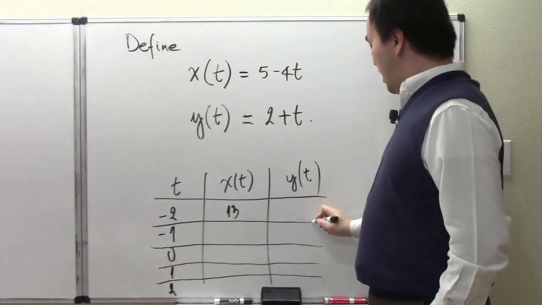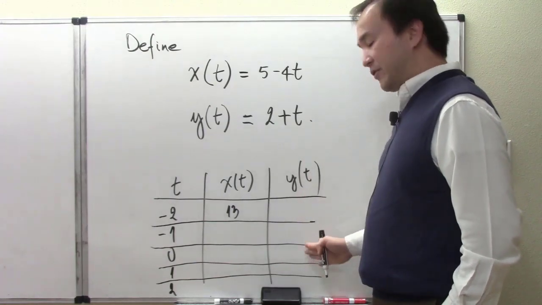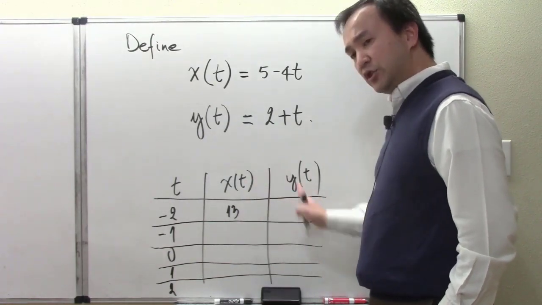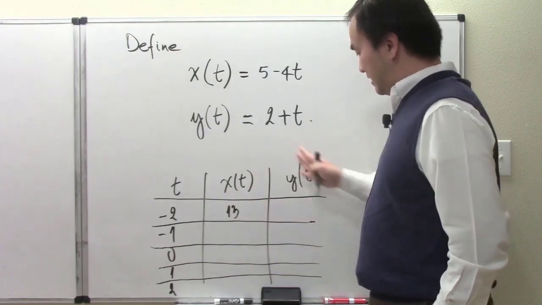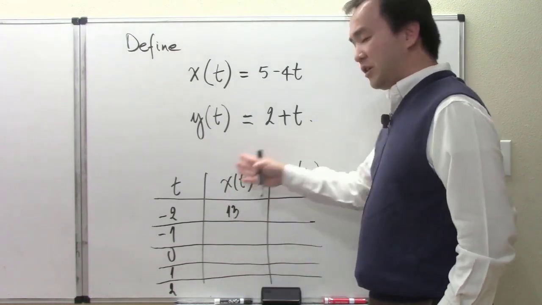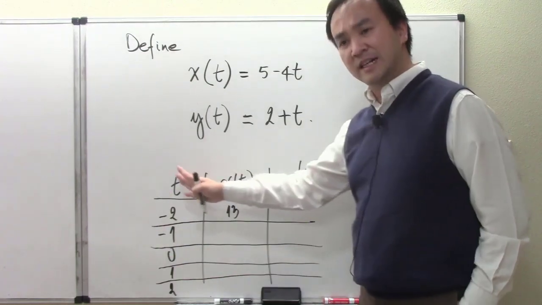And in the meanwhile, at the same time, on the other function, the function y right here, these two have nothing to do with each other. I really don't see how these two are related at all. They are just 2 functions, and we just try to put them all in one table.